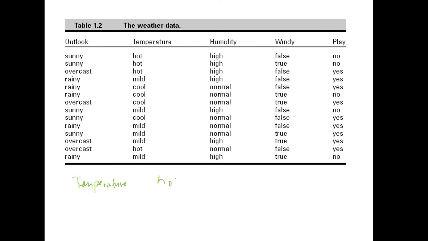We have hot, we have mild, and we have cool. Now we have to find the most frequent class for hot, for mild, and for cool.